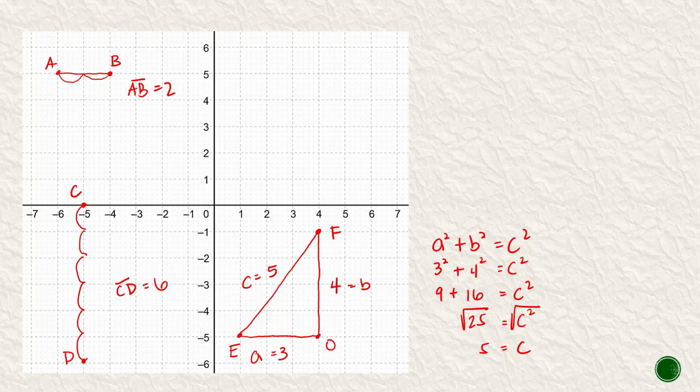That's our EF. Now, let's try to generalize everything. So let's consider another point, and let's call this point M. And then let's have this point all the way here, N. Alright, so let's draw another right triangle.